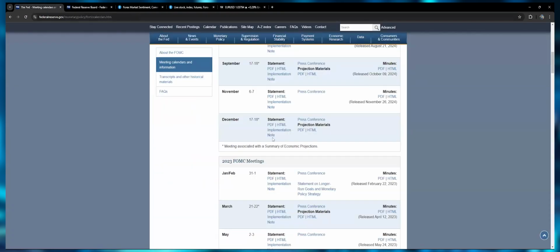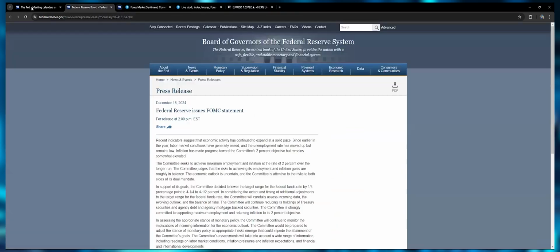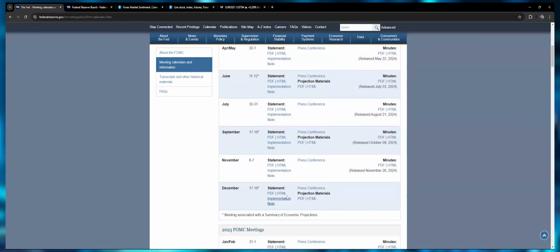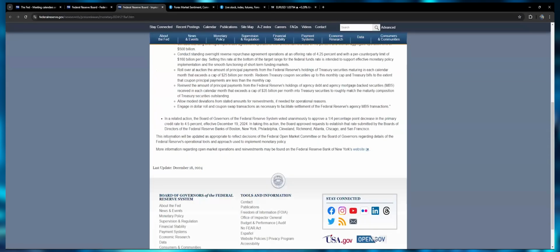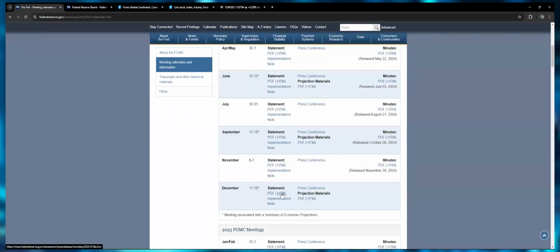Or if you want, of course, you can download it, meeting by meeting, but it's not necessarily needed, because you can always come back to the website and they're always going to be there. So you can definitely get on the HTML. Anyway, so basically just a press release into this statement, HTML.